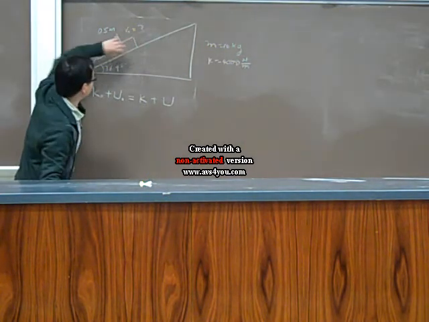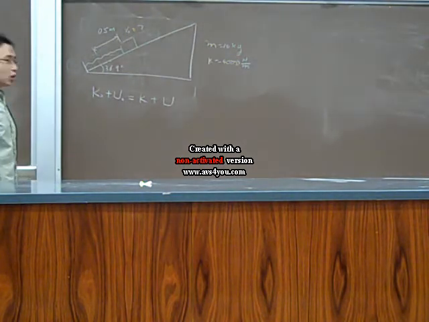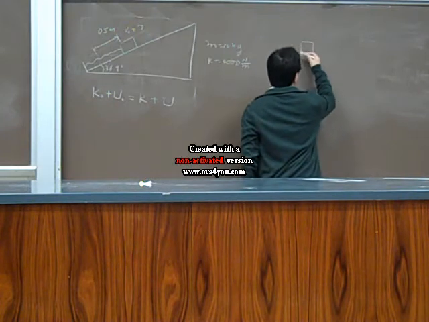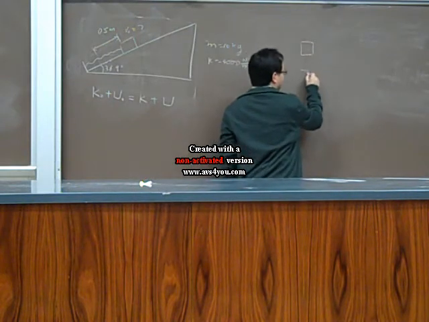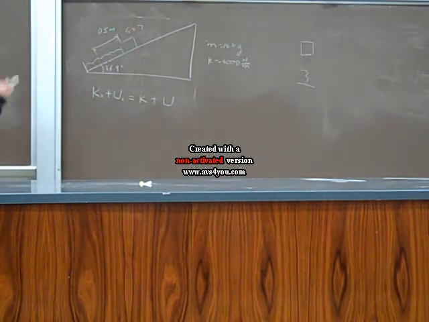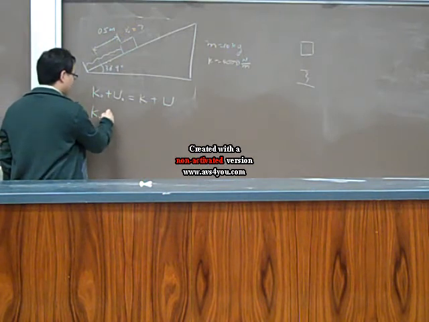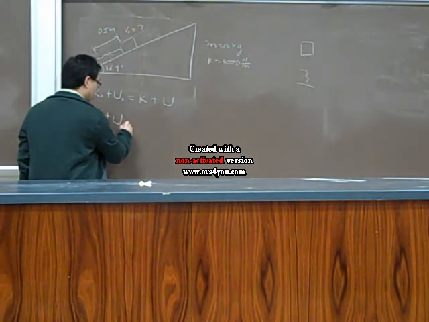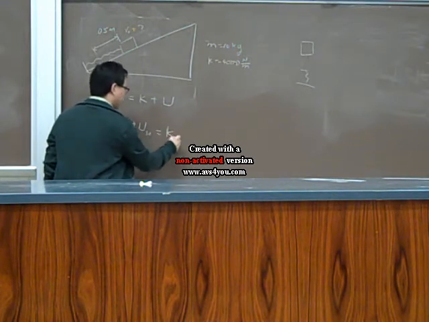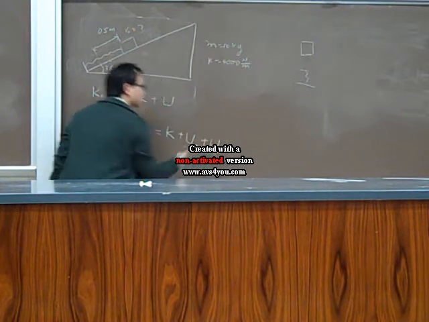Yes, you have a height change. It's similar to when you drop a block on a spring: you have both kinds of potential energy change. So we need to further write it as K naught plus U G naught plus U S naught equals K final plus U G final plus U S final.